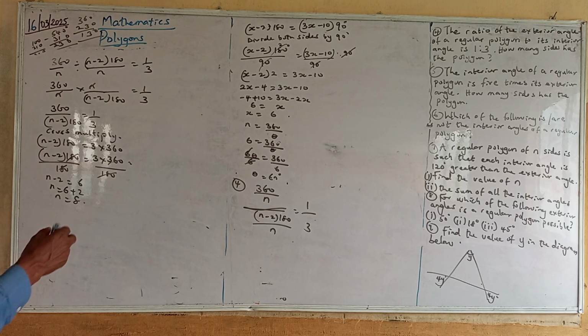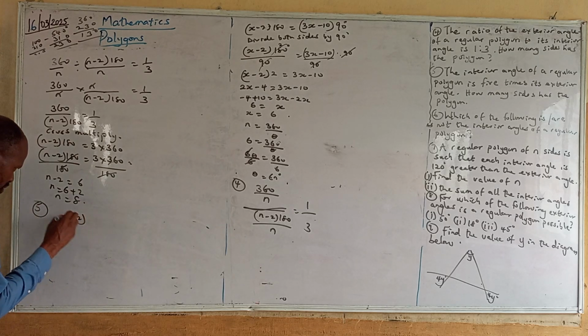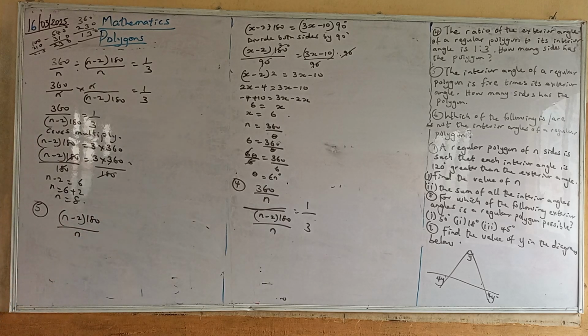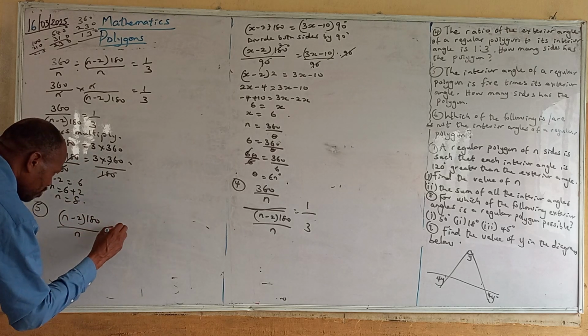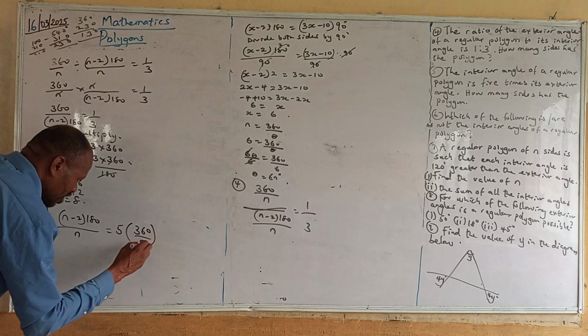The next one, number 5, says the interior angle of a regular polygon, that's (n minus 2) times 180, each interior angle is 5 times the exterior angle, each exterior angle.